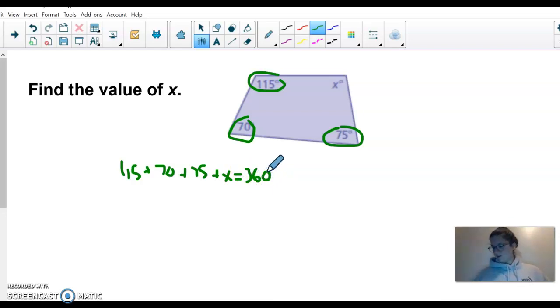So you take 115, add it with 70, add it with 75, and take 360 minus that, 260. That's 100, so x equals 100 after adding and subtracting. So this is 100 degrees.